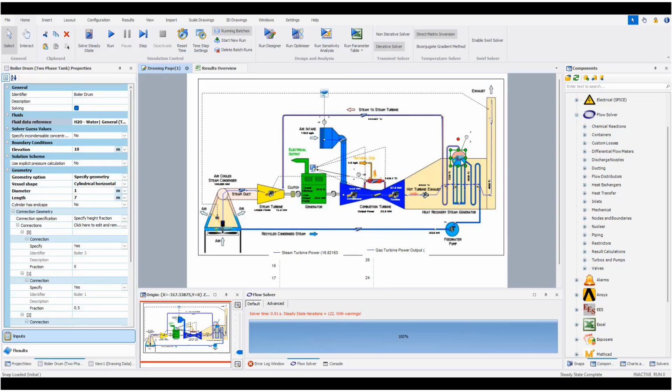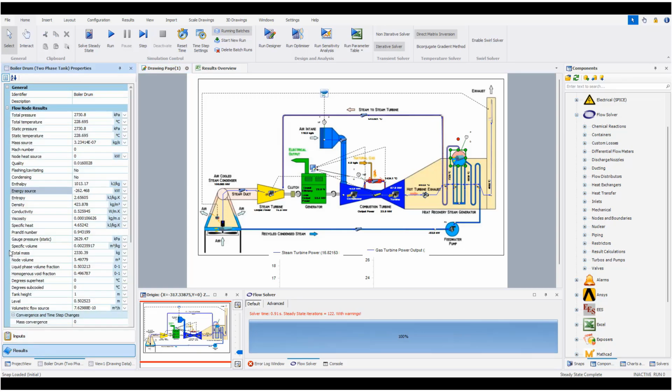If I click on the boiler drum and look at the results, if you check the heat source here, you see that we have negative values.